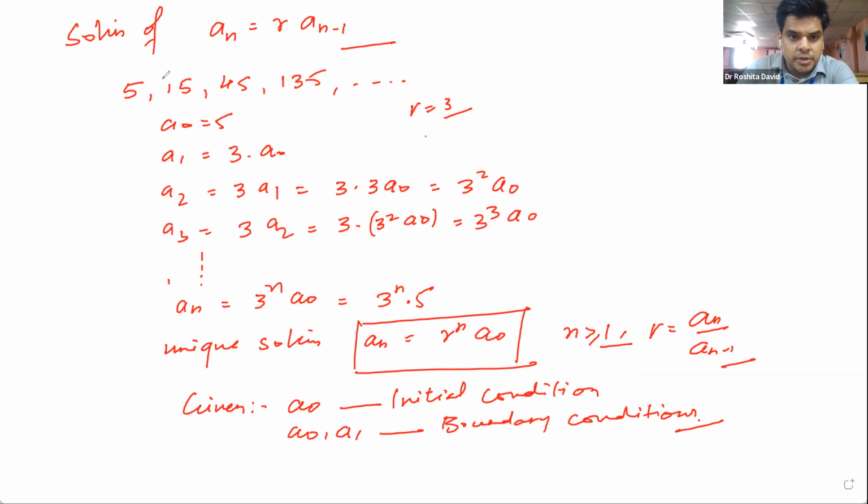Okay. So in this slide, I just discussed the solution of this recurrence relation. Using this example, I generated the formula of the unique solution of this recurrence relation, which is an is equal to r to the power n a0. Any doubt?